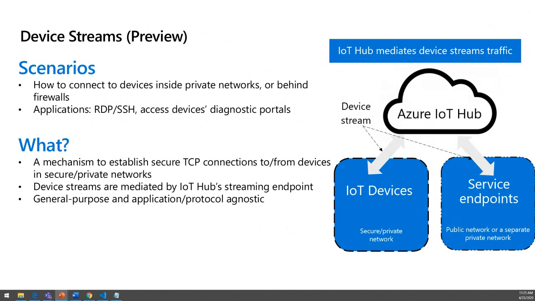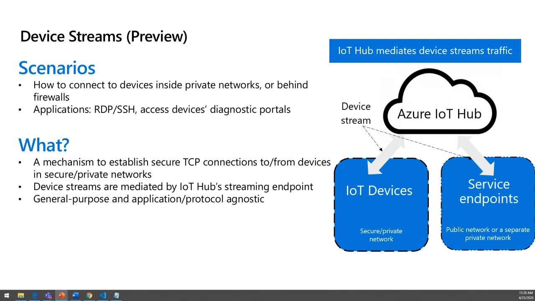So I just mentioned device streams. This is in preview right now. You can actually get access to this and test this out. But really what this is, is to facilitate the creation of a secure bidirectional TCP tunnel for cloud to device communication scenarios. This device stream is mediated by the IoT Hub streaming endpoint, which acts like a proxy between your device and service endpoints.